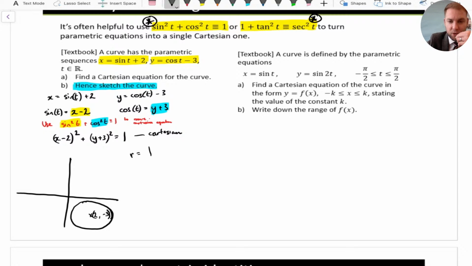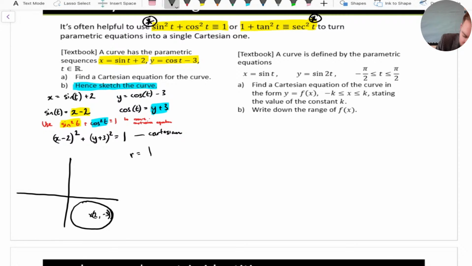So the first thing you've got to think about is, what equation do I have in the form y is equal to, x is equal to, what equation do I have sine t and sine of 2t in? Now, this is where you've got to really know all of your trig identities.